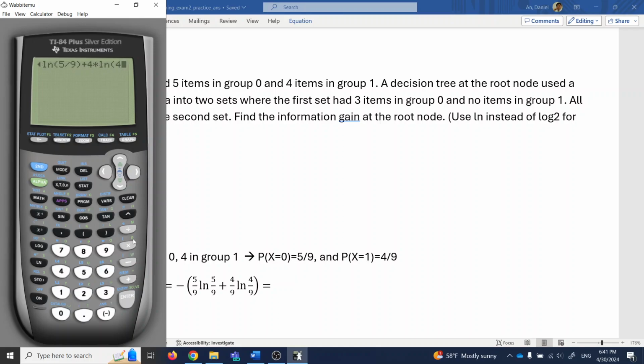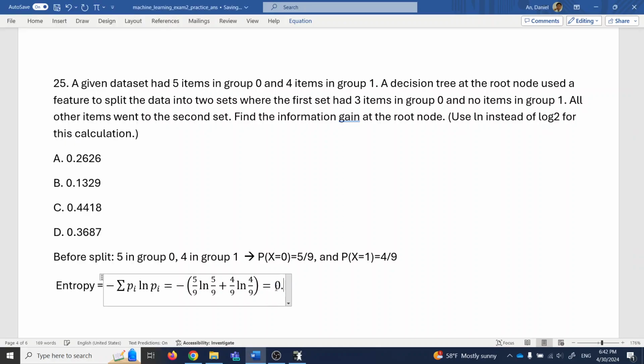So 4 divided by 9, and then we will divide it by 9. Okay, so that's what you get, and I didn't put a minus, so the actual value is 0.68696. Okay, so that's the entropy.